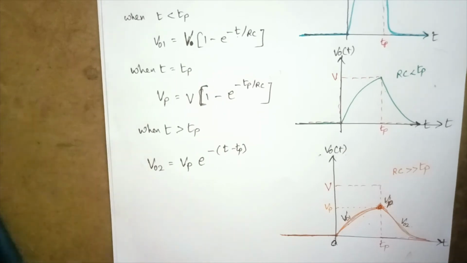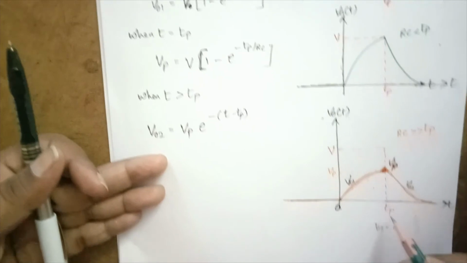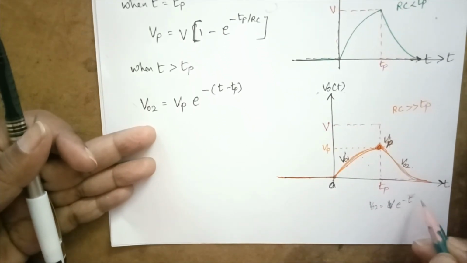The general expression for an exponentially decaying function is V0 equal to V into e power minus t by RC.